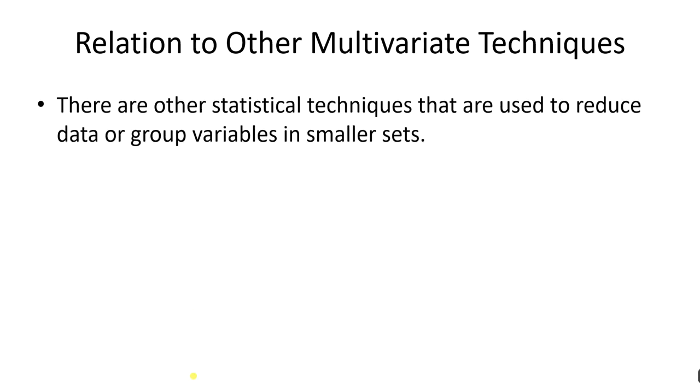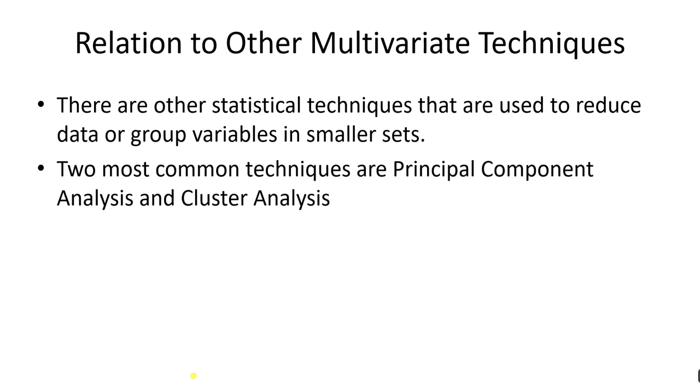There are other multivariate techniques that can be used for data reduction. The two most commonly used techniques, there are others also. I am not going in that detail. The two most common techniques are principal component that I have already covered a little bit, and another is cluster analysis. These two techniques also reduce the number of variables in fewer dimensions.